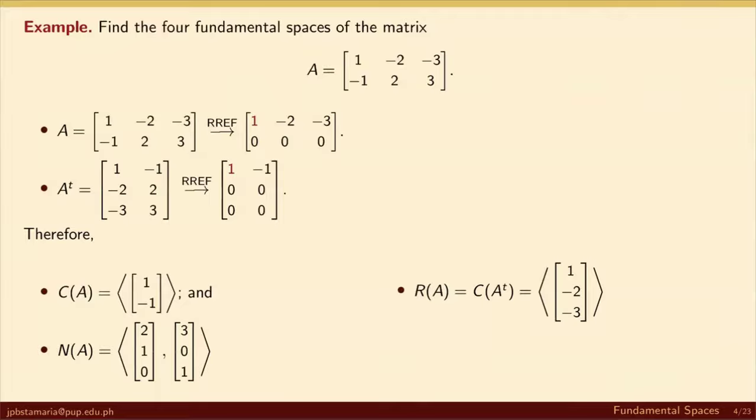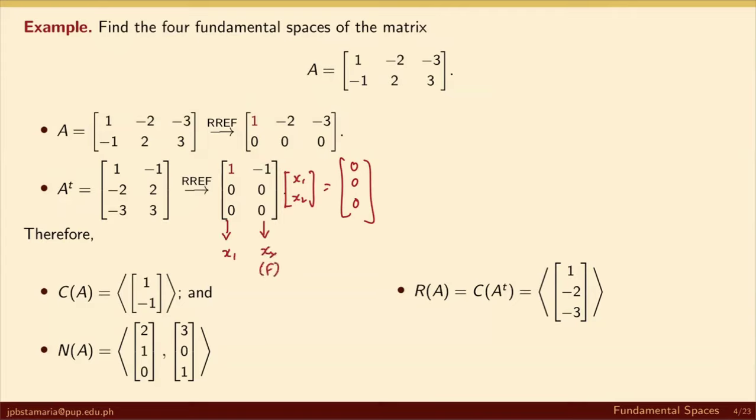And similarly, to finally get the fourth fundamental space, we get the null space of A transpose. So we look at this and try to solve this homogeneous linear system. This corresponds to the variable x1, and this corresponds to the variable x2, where x2 is free.